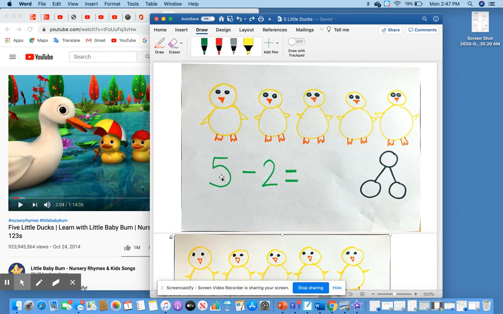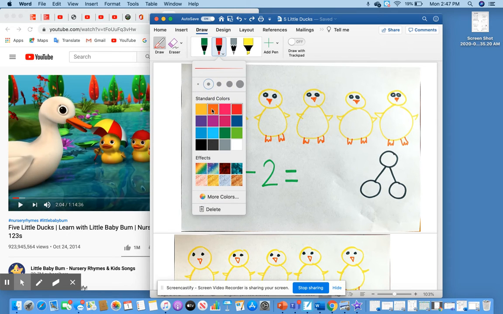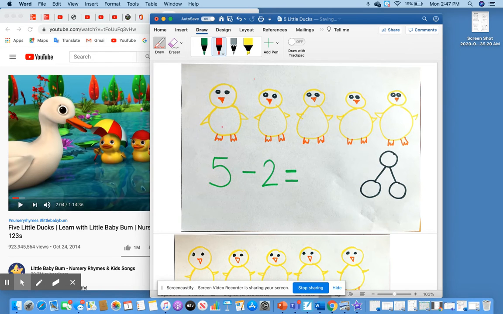It says 5 minus, or take away, 2. So the 5 tells us how many ducks we are starting with. The 2 tells us how many we are taking away. Let's count the number of ducks that we have. 1, 2, 3, 4, 5.